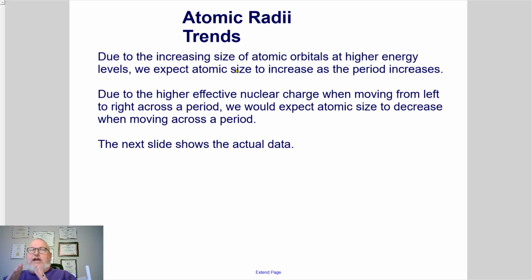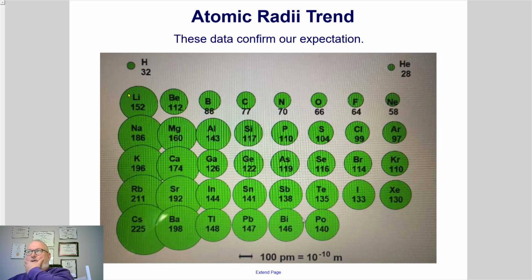As you get a higher effective nuclear charge, or Zeff, moving from left to right across a period, you should expect atomic size to decrease. And this is what we see. So hydrogen, helium. Helium's got a slightly smaller nucleus. Lithium, as you go across to neon, goes from 152 to 58.